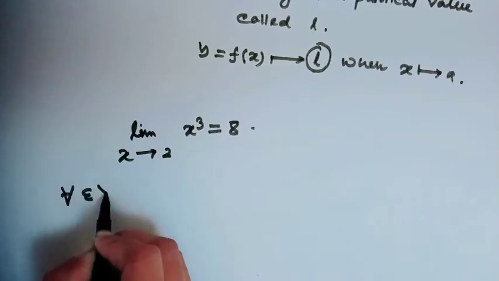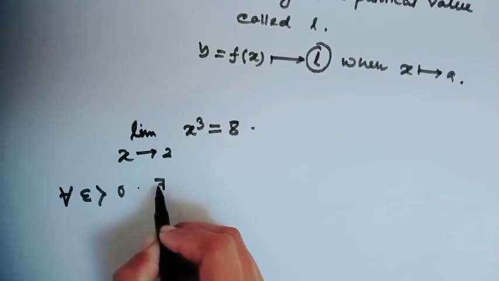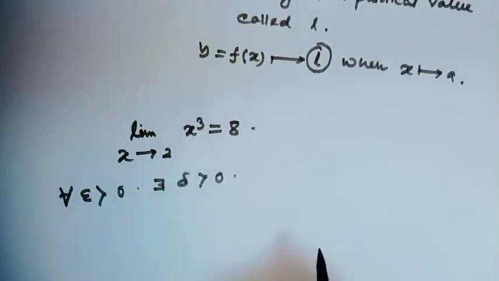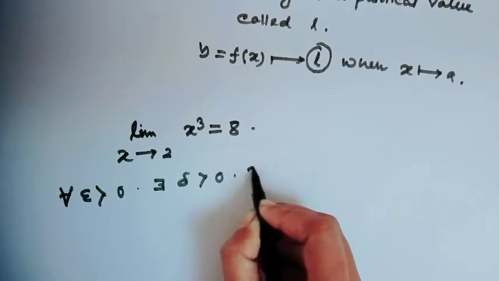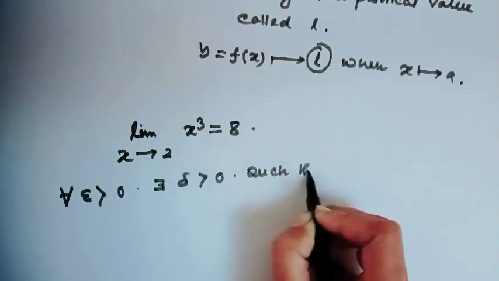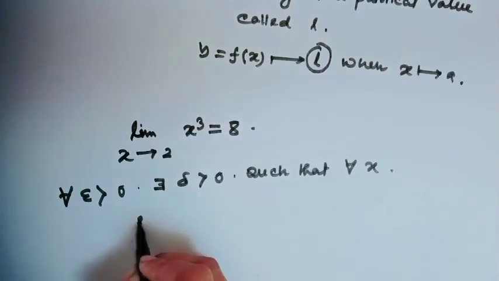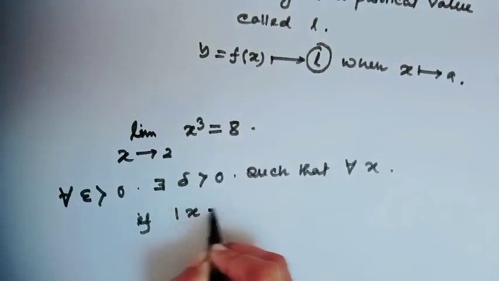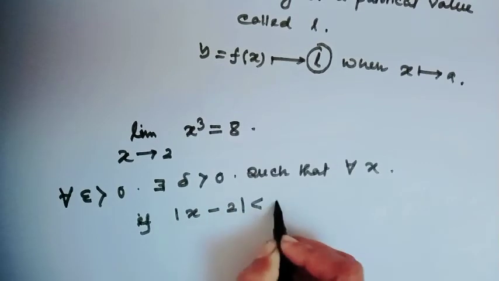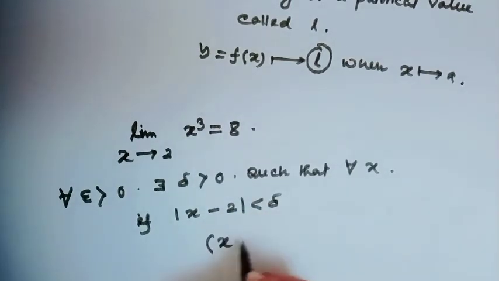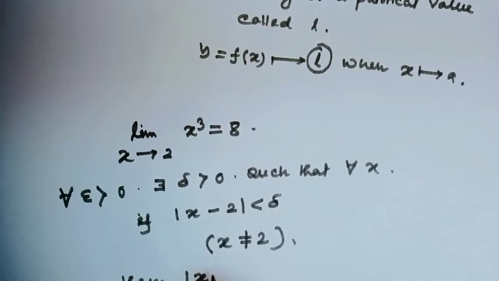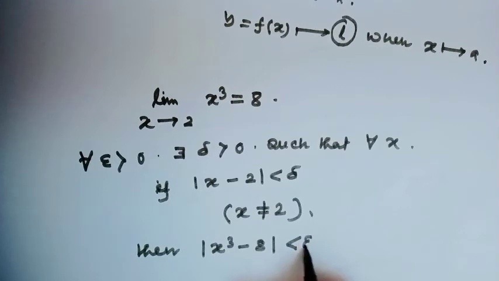For all epsilon greater than 0, there exists delta greater than 0 such that for all x, if the modulus of x minus 2 is less than delta, where x is not equal to 2, then the modulus of x cubed minus 8 is less than epsilon.